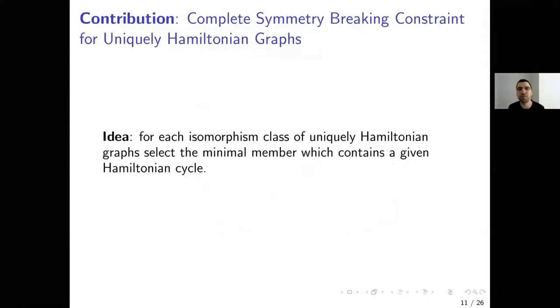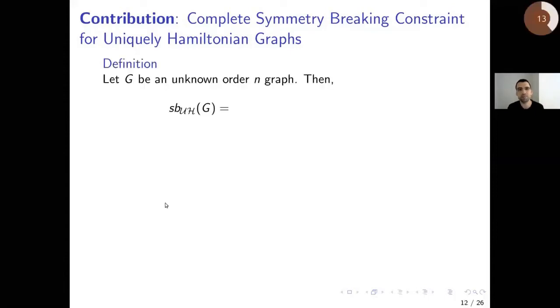The main contribution of this paper is a complete symmetry breaking constraint that is of polynomial size for uniquely Hamiltonian graphs. The basic idea of the constraint is as follows. We fix the Hamiltonian cycle in the graph, and then we break the rest of the symmetries using a polynomial size constraint. Formally, the symmetry breaking constraint is defined as follows.